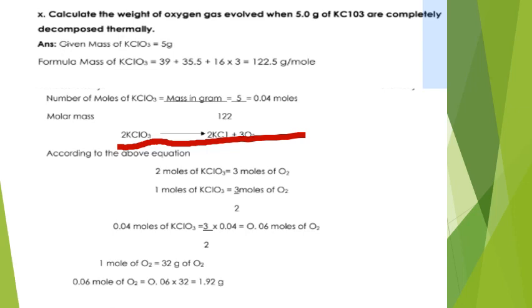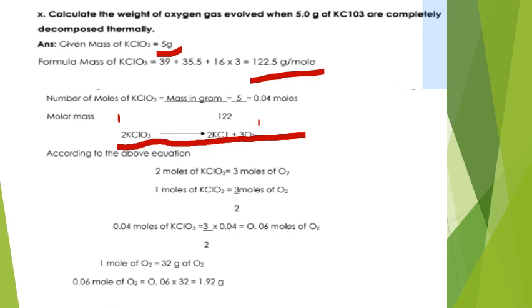You have to relate KClO3 with that of oxygen. According to this equation, 2 moles of KClO3 produces 3 moles of O2. Now convert this 5 grams into moles. For this, you have to calculate the molar mass of KClO3, which is calculated here as 122.5 grams.